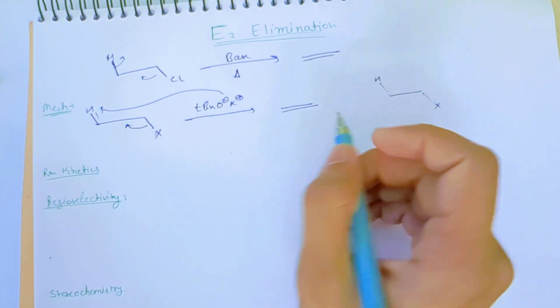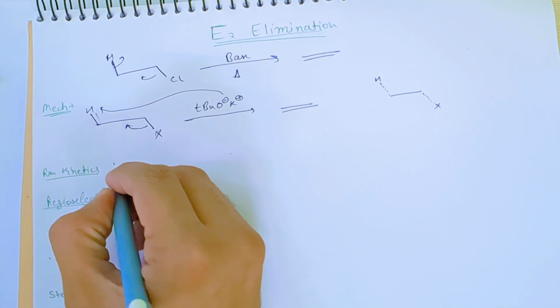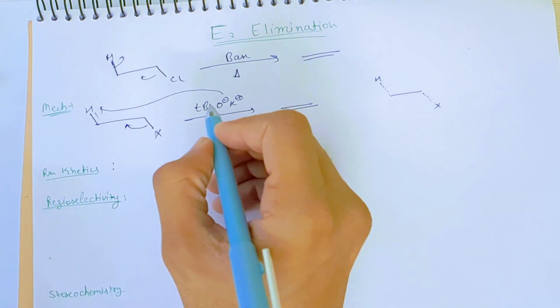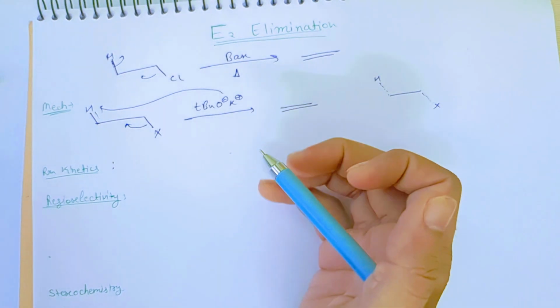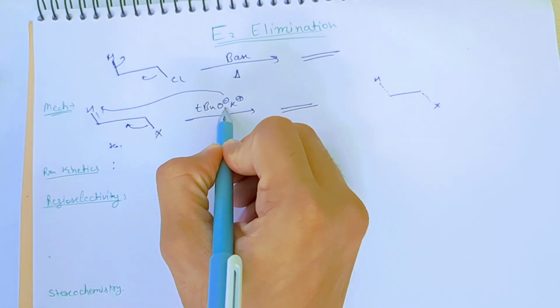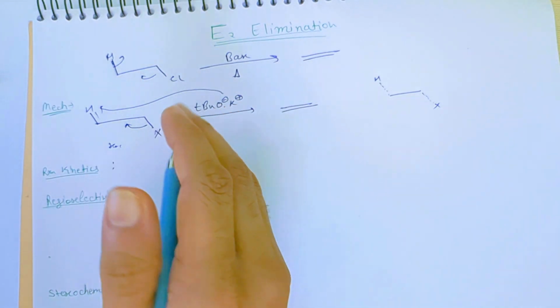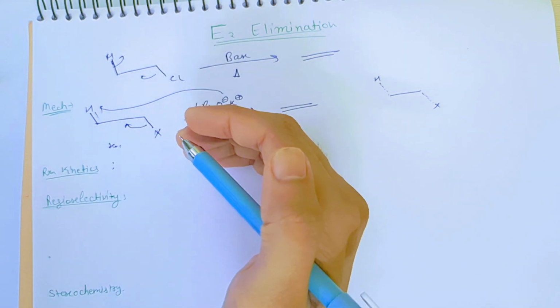So now let's come to the kinetics. Now, as you know, it is a one step mechanism, a concerted mechanism. So the reactant and the base both take part in the kinetics of the reaction.